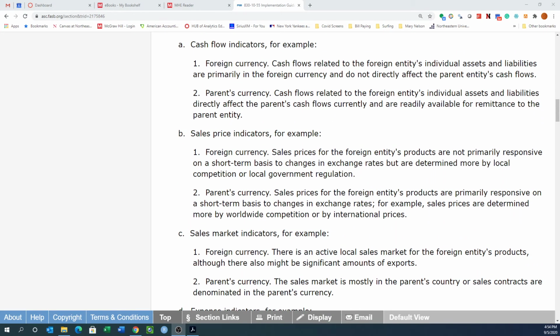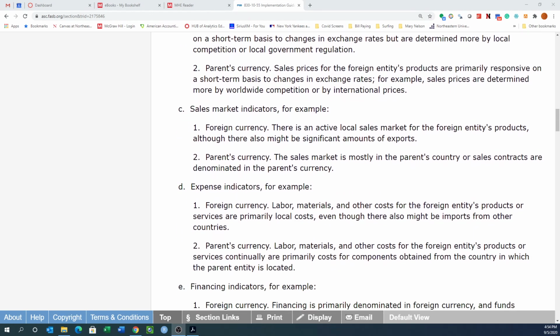If the Chinese parent company is setting sales prices for the German subsidiary in euro, then that's an indicator. Again, it's not the only indicator, but it's an indicator that would suggest that the functional currency is not the euro, that the functional currency is indeed the Chinese yuan. So this is a significant discussion when you get to doing consolidations in foreign currency translation and foreign currency remeasurement.